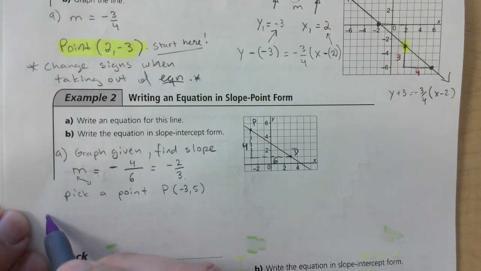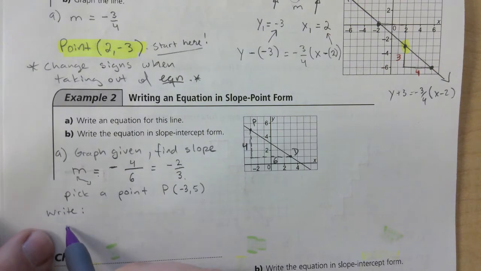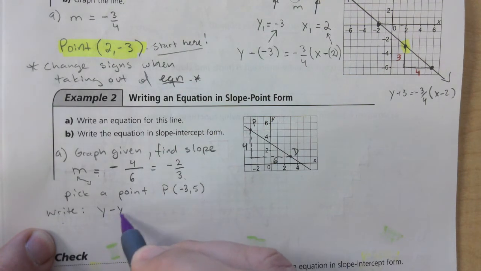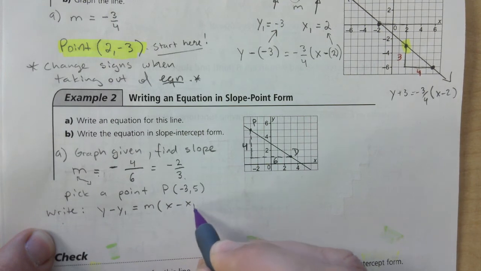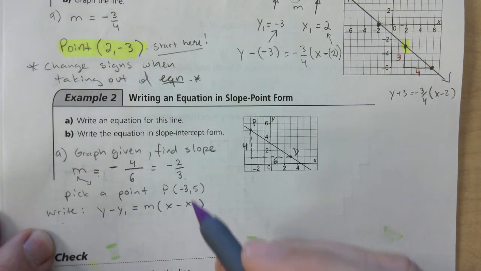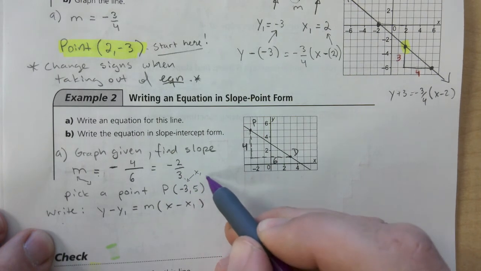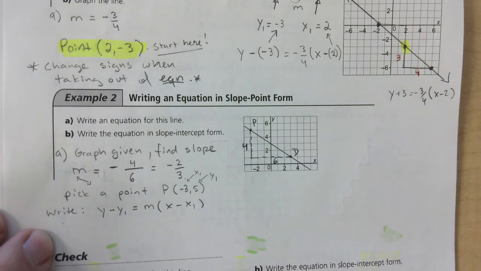So now write, based on the equation, y minus y1 is equal to slope times (x minus x1). This here is x1 and this here is y1. There is no x2, y2. That's only when you're calculating the slope.